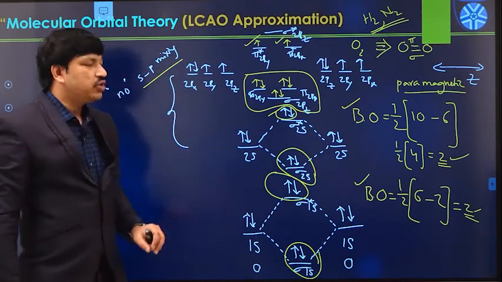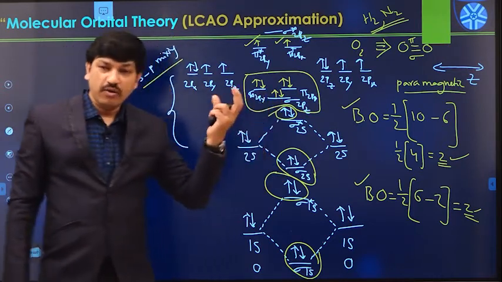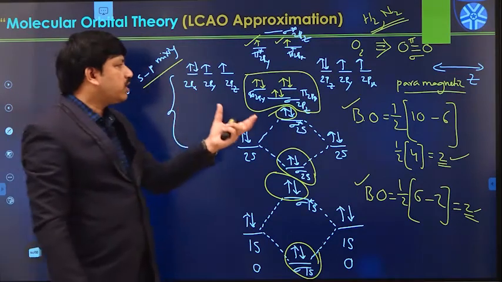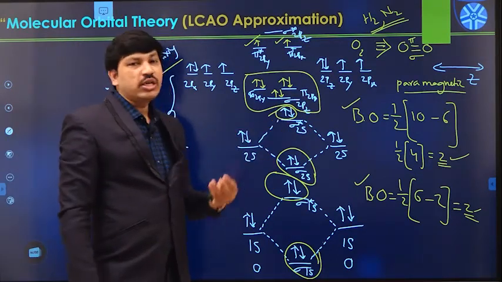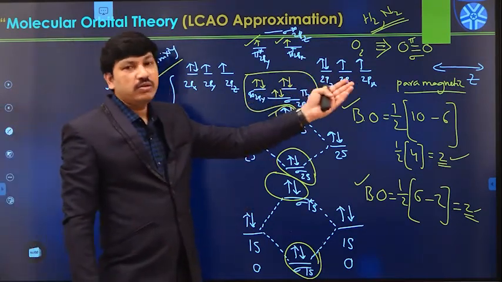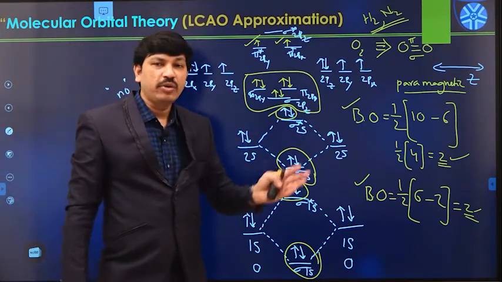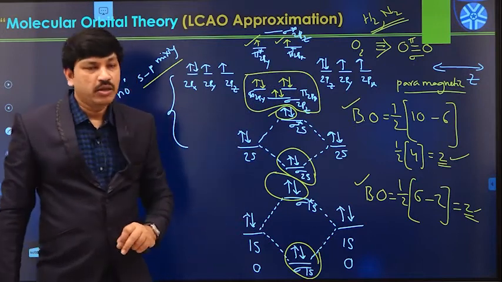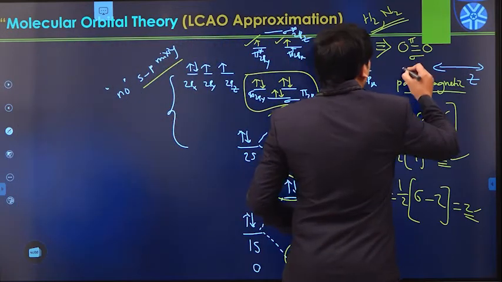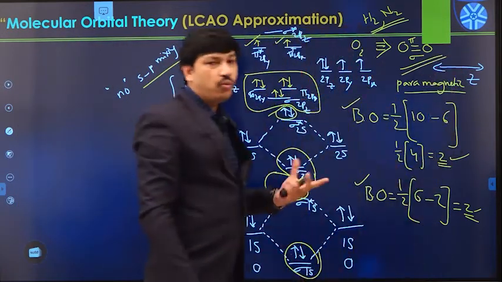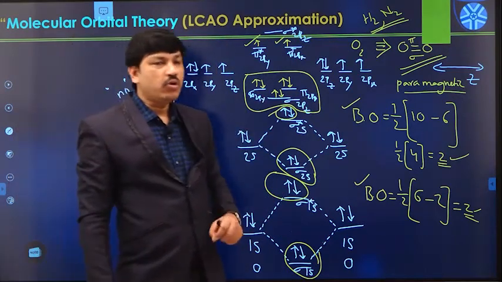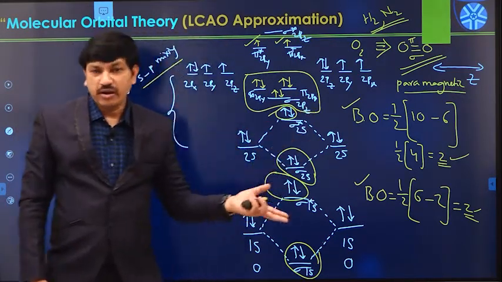But the same point is not properly explained by valence bond theory. According to valence bond theory, the oxygen atom undergoes sp2 hybridization and forms the O2 molecule in this manner. But according to that, we cannot explain the nature of the O2 molecule. So valence bond theory failed to explain the magnetic behavior of the O2 molecule. According to valence bond theory, the O2 molecule is diamagnetic in nature.